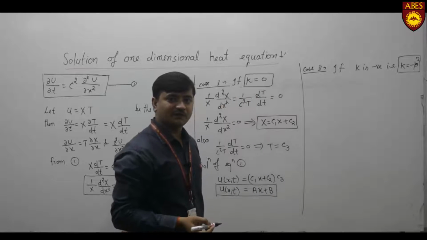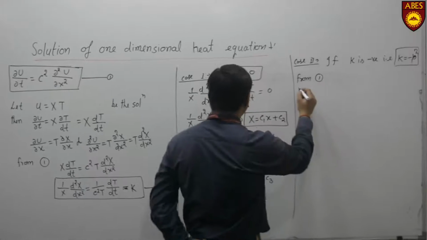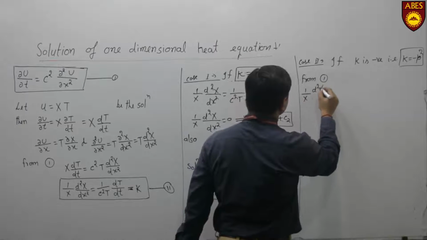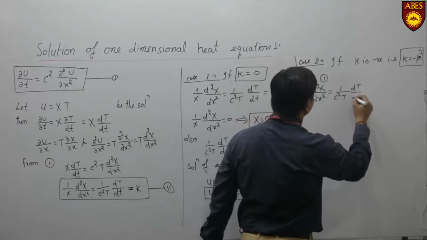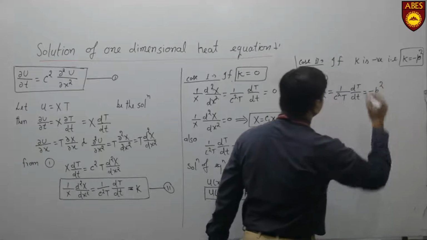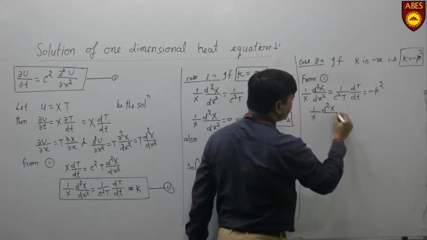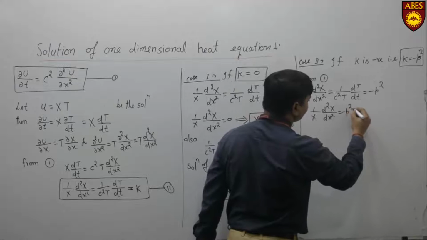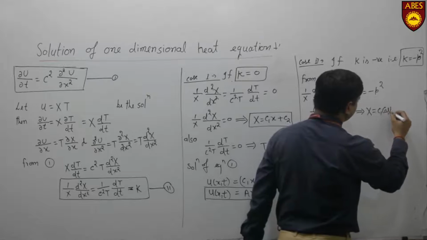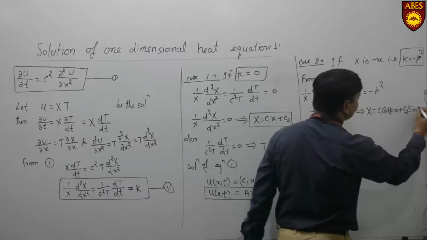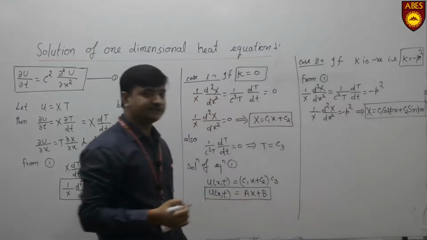If k is equals to -p², then again from equation number 1 we get, now taking the term of x with -p², we get the value of X as X = c1 cos px + c2 sin px.